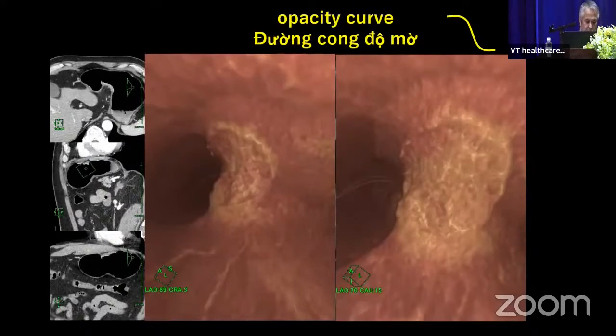The opacity curve of the virtual endoscopy image is displayed as the basic downward sloping curve, and the rectangular curve can temporarily display a slight change in CT value.